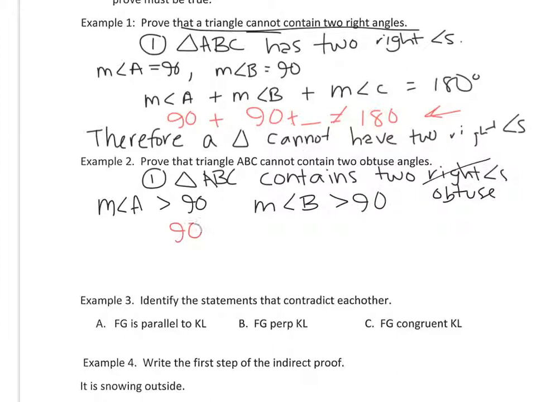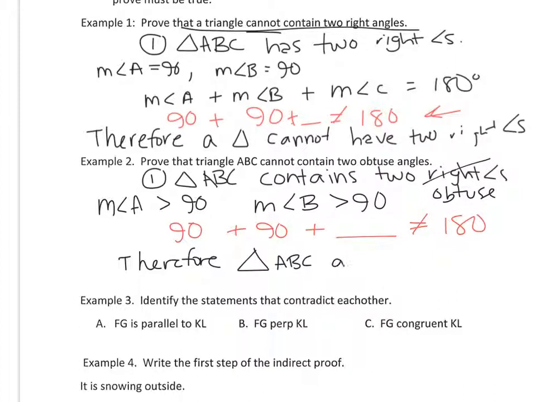So again, 90 or greater plus 90 or greater plus angle C cannot equal 180. I always have to state the negation, then logically go through until I have a contradiction, which is in red. And at the end I write, therefore, triangle ABC cannot have two obtuse angles.